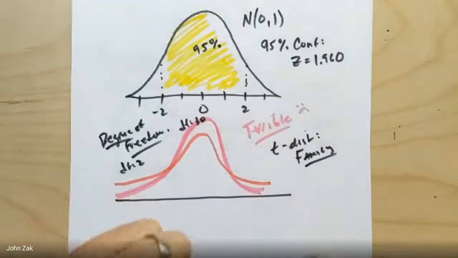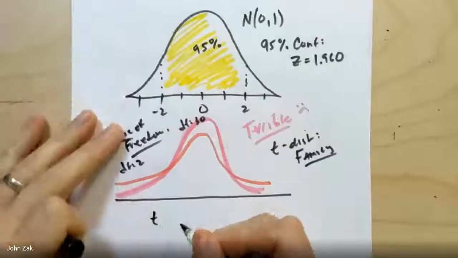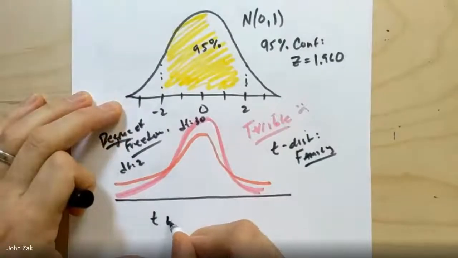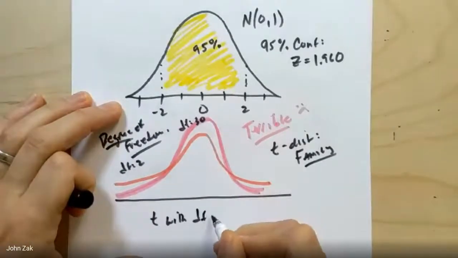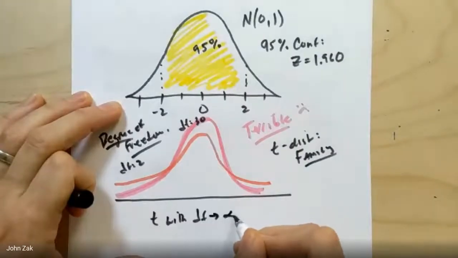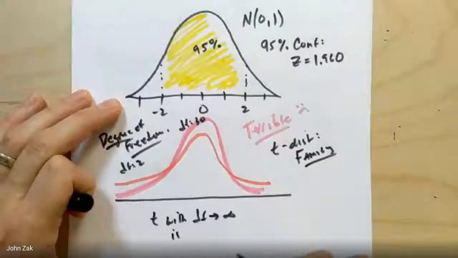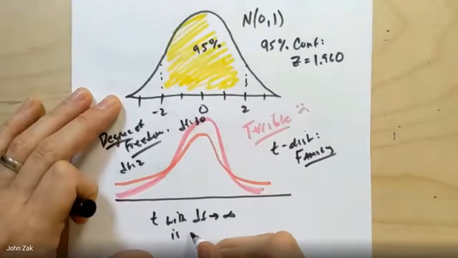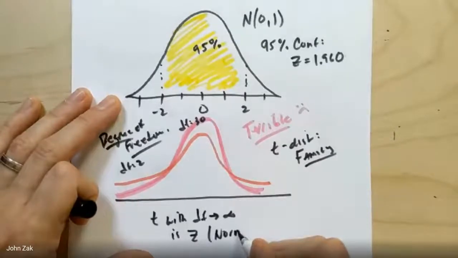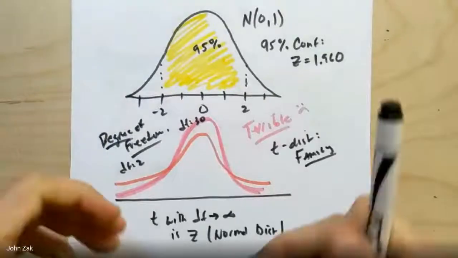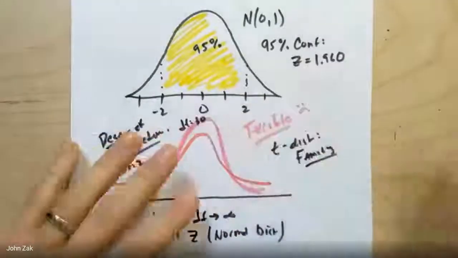And if you remember, the t distribution with degree of freedom that approaches infinity is the what, right? It's the z distribution, the normal distribution. And so eventually the t distribution will shift into a normal.